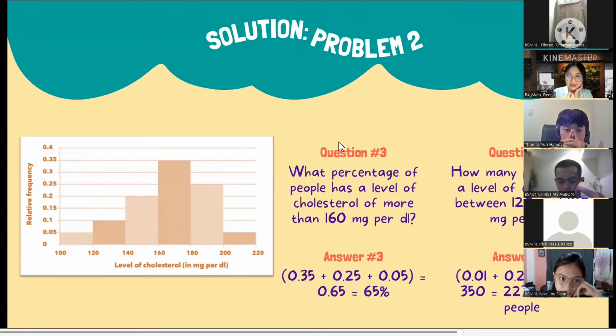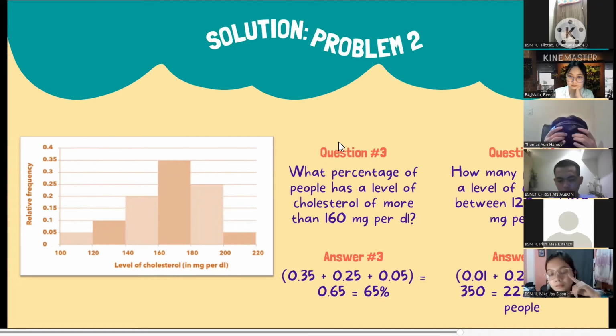Question number 3 asks what percentage of people have a level of cholesterol of more than 160 milligrams per deciliter. For more than 160, we have 180, 200, and 220. For the 180, we have 0.35, for 200, we have 0.25, and for the 220, we have 0.05.